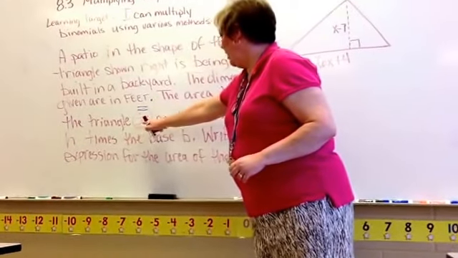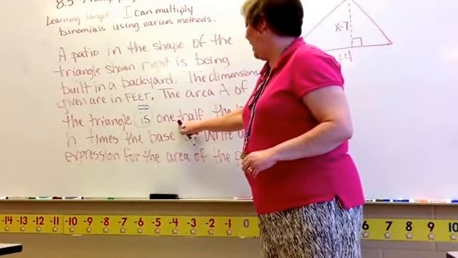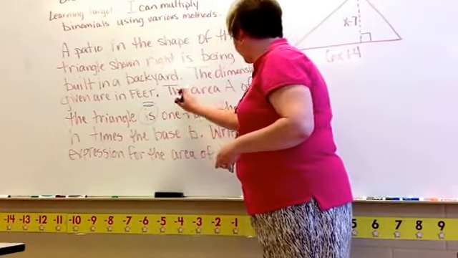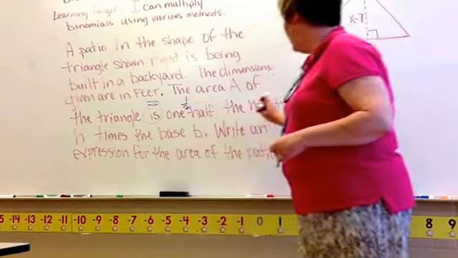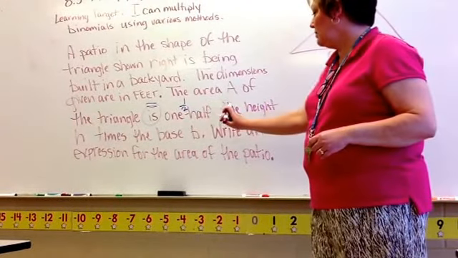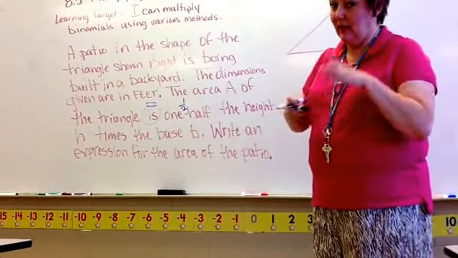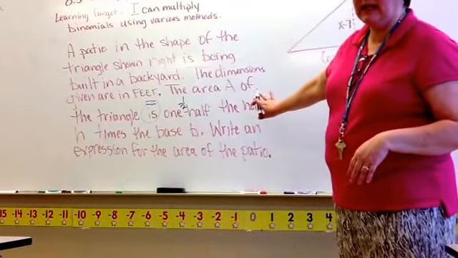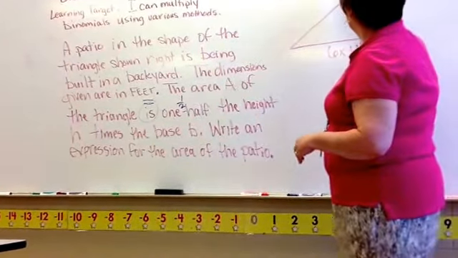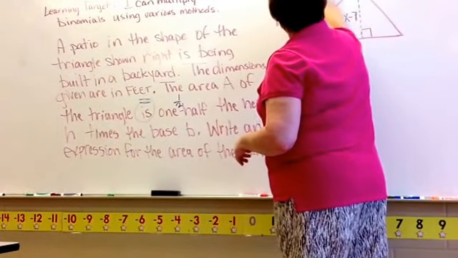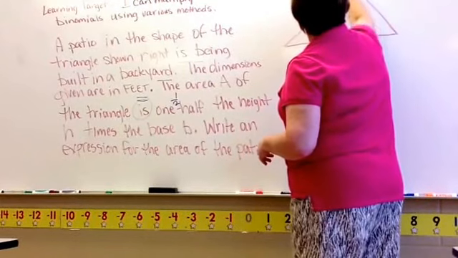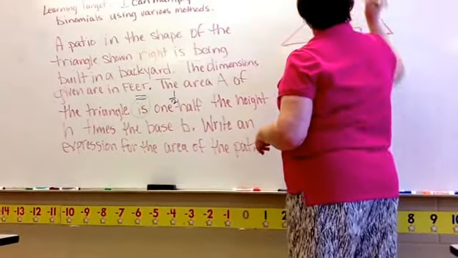The area A of the triangle is 1/2, the height h times the base b. Now, if you remember the area of a triangle formula, then you probably didn't have very much problem setting that up. So my formula: area equals 1/2 the height times the base.